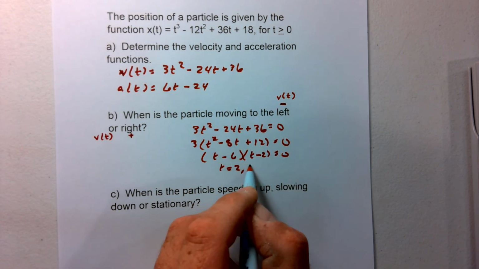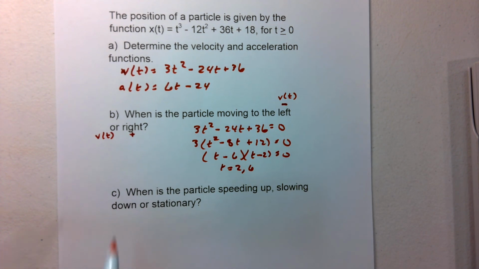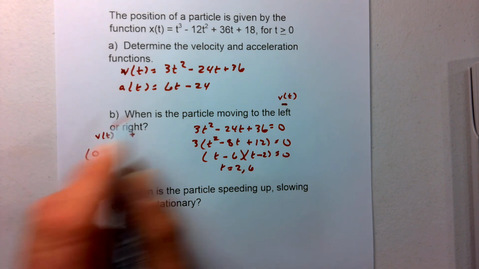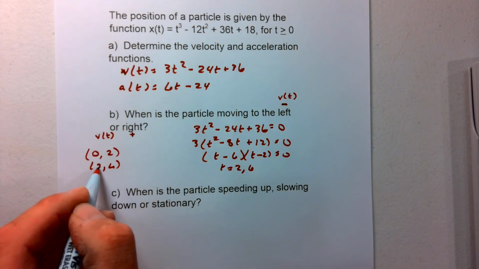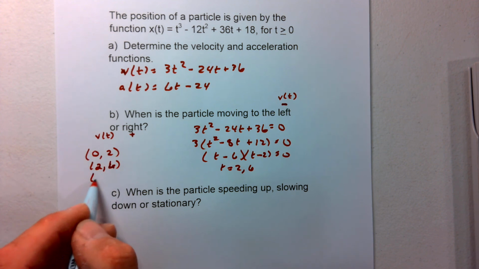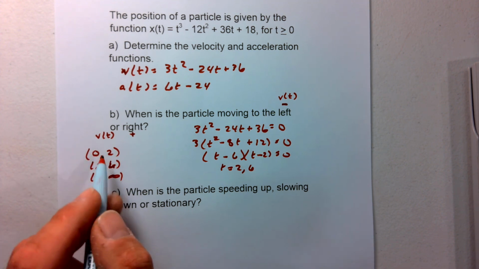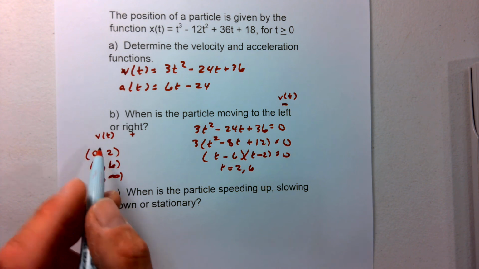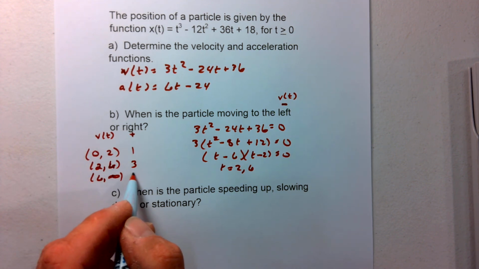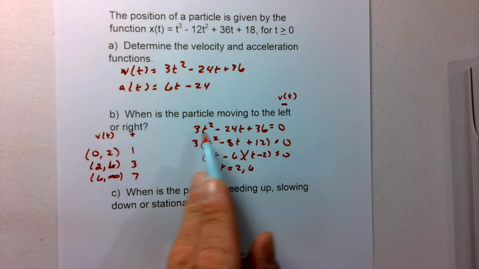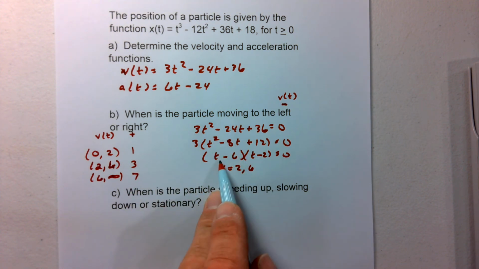So t equals 2 and t equals 6. What I'm interested in then is where it's larger than 0, so we're going to go from 0 to 2, setting up that interval chart, 2 to 6, and 6 to infinity. I'm going to take a test value between 0 and 2, between 2 and 6, and 6 and infinity.